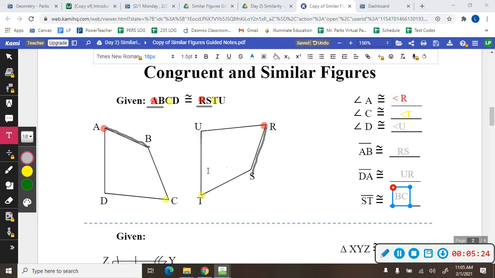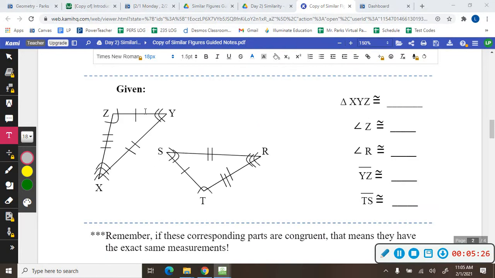On this problem, we know these are congruent because of SSS. We could also use CPCTC because they tell you that every angle is congruent to every other angle, every segment is congruent to every other segment.